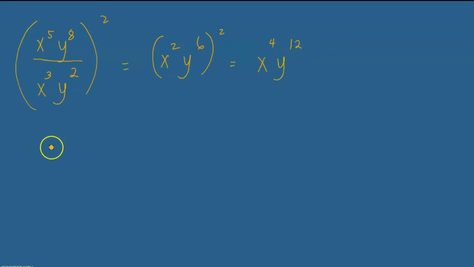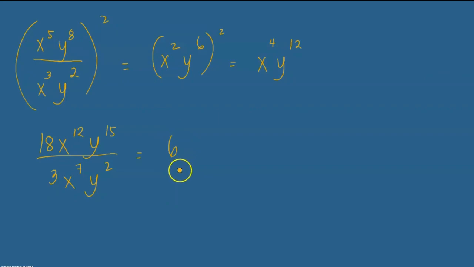So that will give us a final answer of x raised to 4, y raised to 12. Very good. If I have here 18, x raised to 12, y raised to 15, all over 3x raised to 7, y raised to 2, then 18 divided by 3, so we need to divide the number. So 18 divided by 3 is 6.